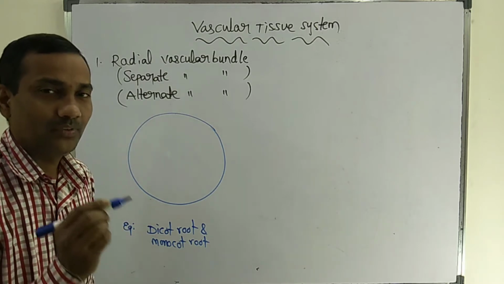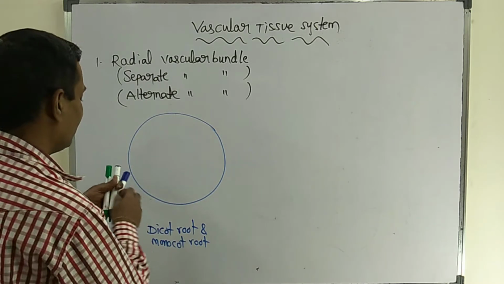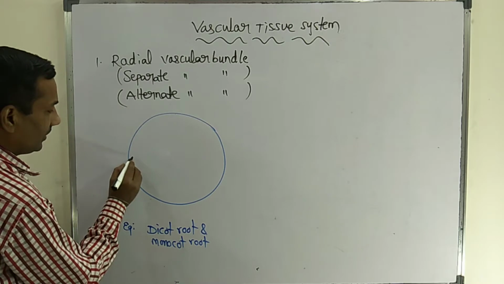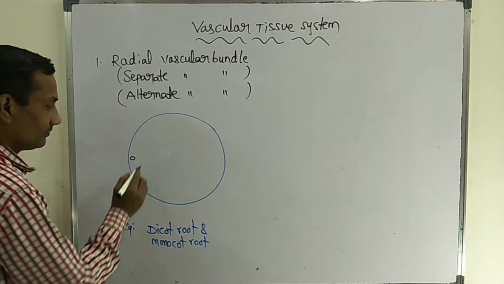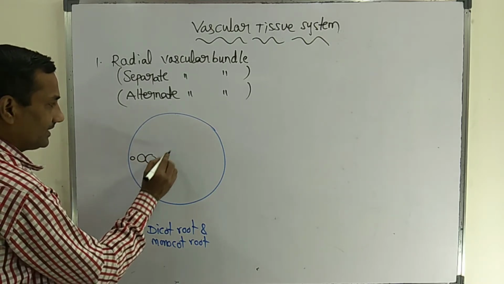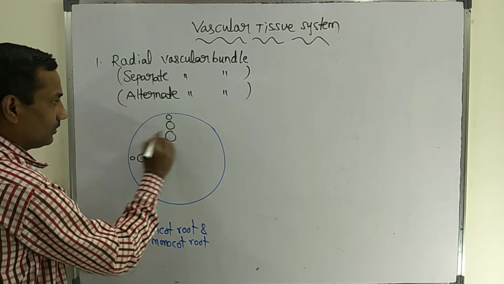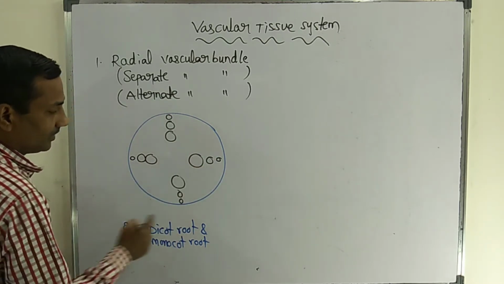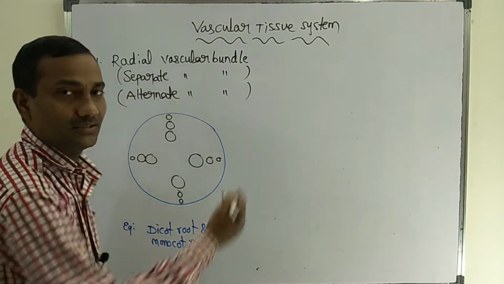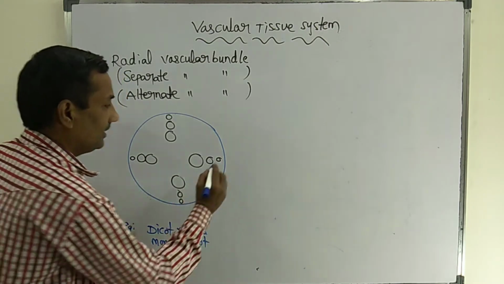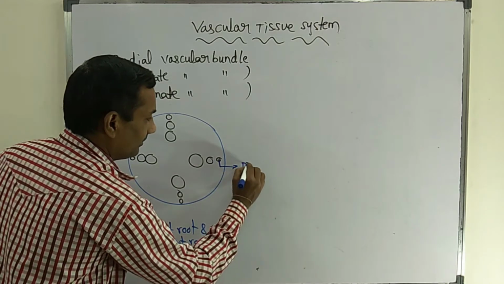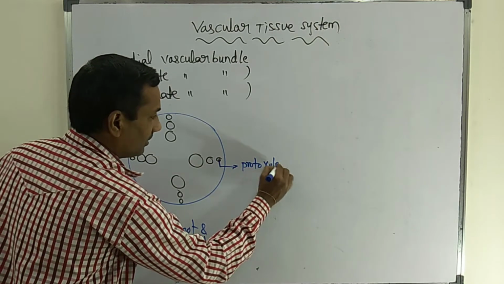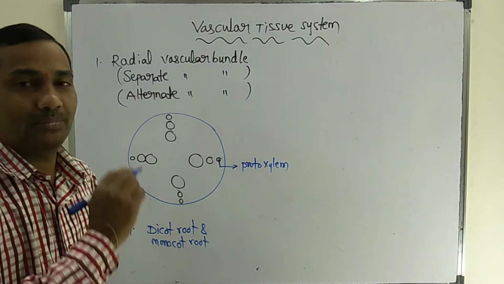In this type, how are vascular tissues arranged? Protoxylem lies peripheral. This xylem is called protoxylem, the first formed primary xylem.